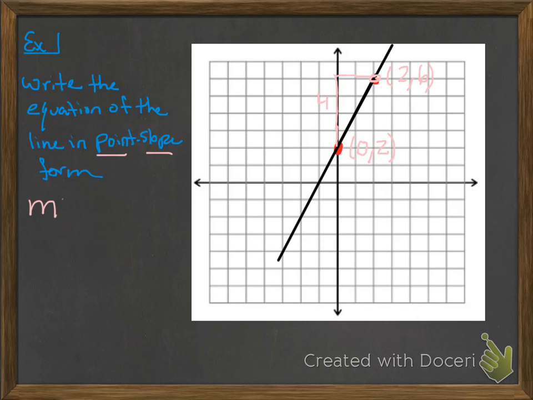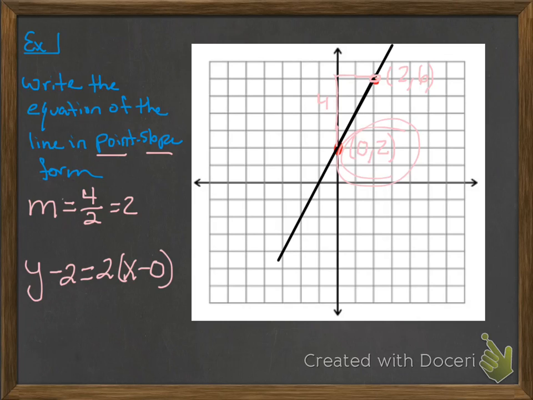So my slope, rise over run, is 4 over 2, which is just equal to 2. And I could use either point. I'm going to pick this point to use. So y minus 2 is equal to 2 times x minus 0, which can be written as y minus 2 is equal to 2x, because minus 0 is still just going to be 0.